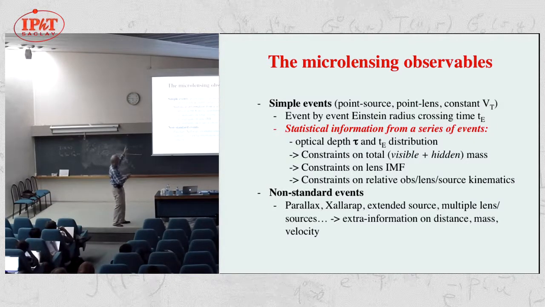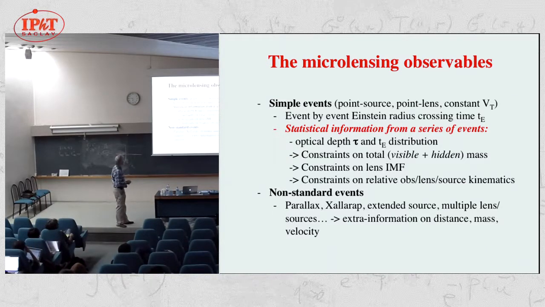So instead of a regular translation with respect to the background, you have a type of cycloid apparent trajectory with respect to the background. Then the variation of the magnification with time is more complicated. You have some oscillation for the very long events, which last typically one year.